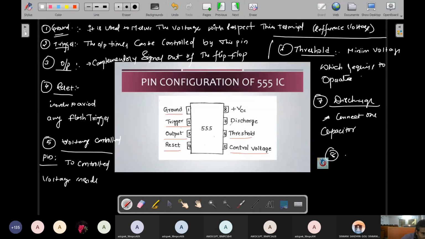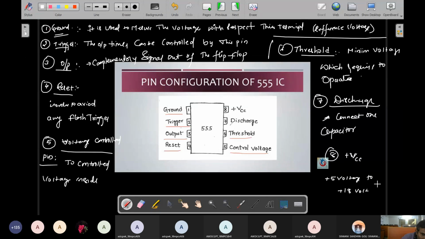And see, the eighth pin is plus VCC, nothing but power supply. Actually 555 ICs work from plus 5 volts to plus 18 volts.